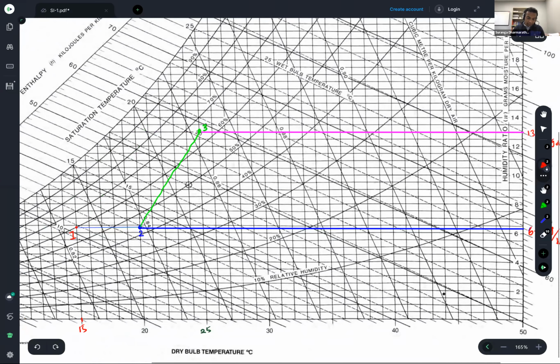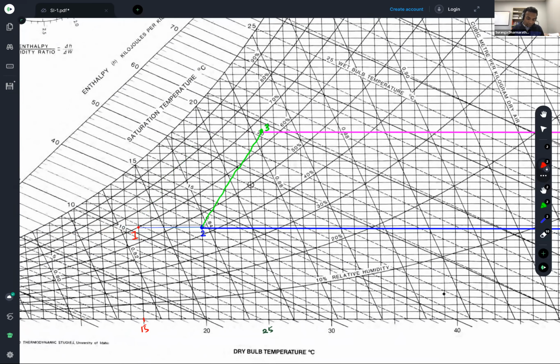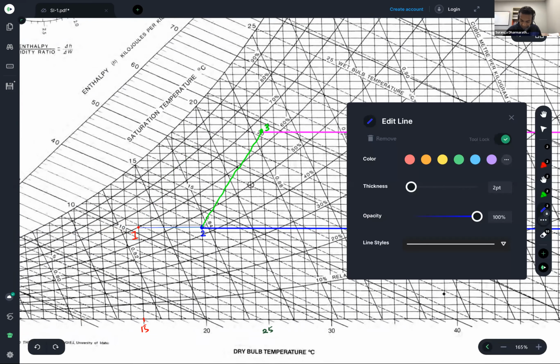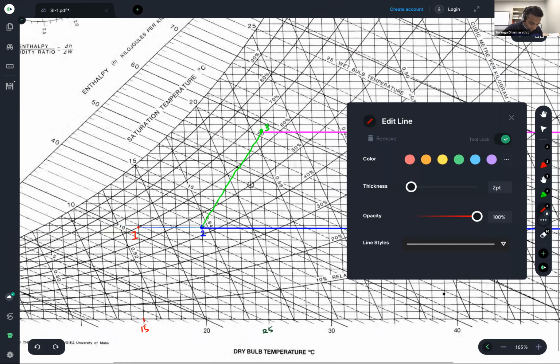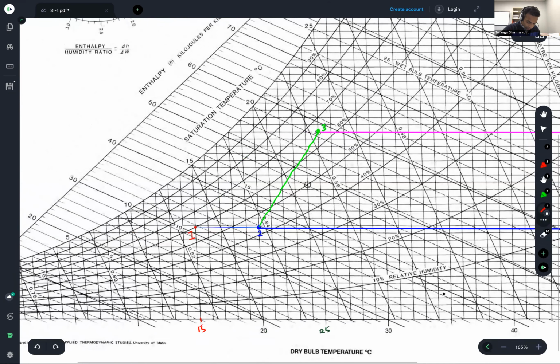And now we want to draw the line. Take a red color for this one. I need red. Lines that are parallel to these lines. This is the wet bulb temperature.